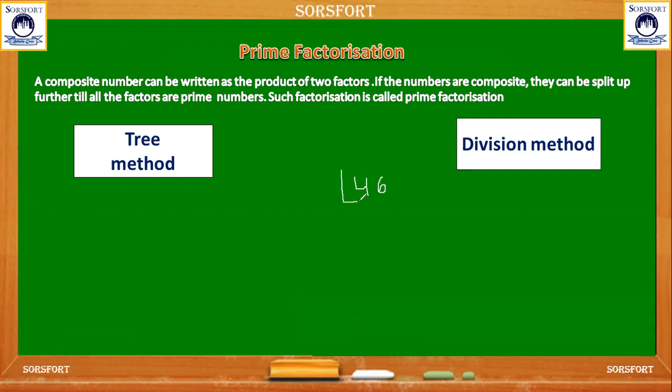This is an even number, so I will take the smallest prime number, 2. 2 2s are 4, 2 3s are 6. Now this 23 cannot be split further. So 46 can be written as 2 into 23. Both are prime numbers.